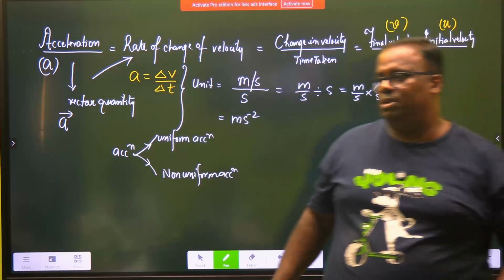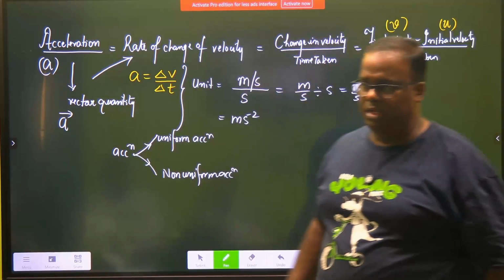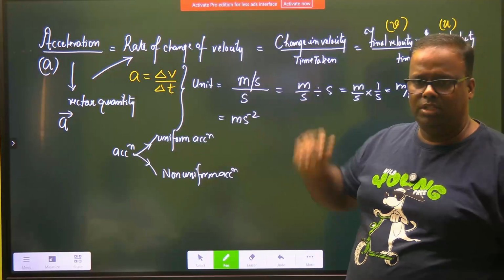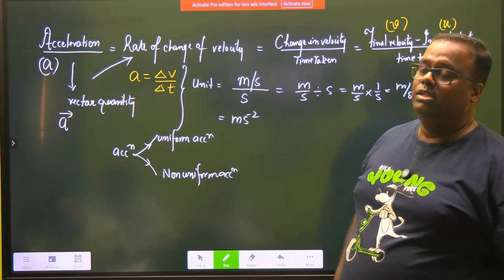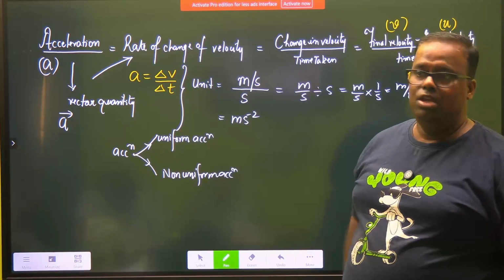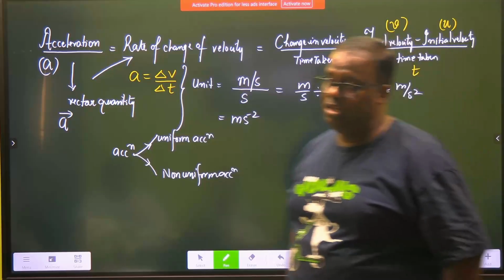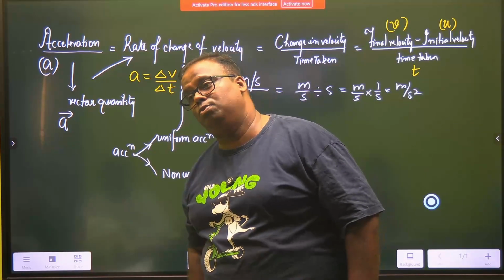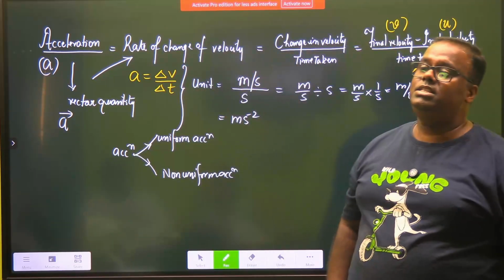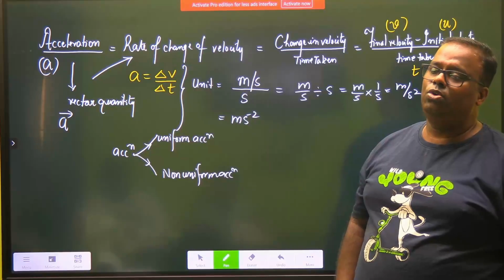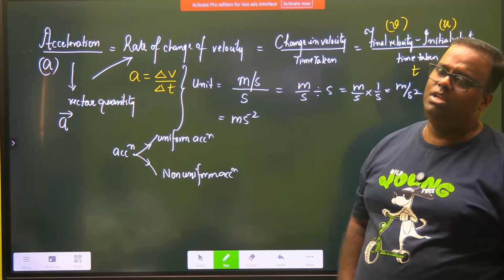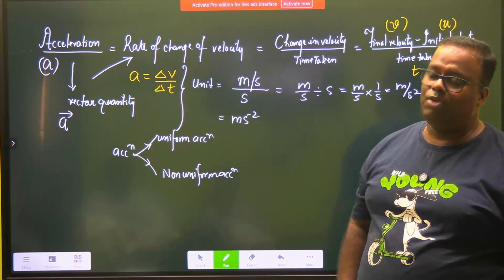Say for example, I employ you in my company with a salary of say 1,000 rupees, and I tell you that your salary growth will be 5% per year. That means every year you will get how much? First year you will get a 50 rupees hike. And I say that your growth will always be constant, 5% per year.